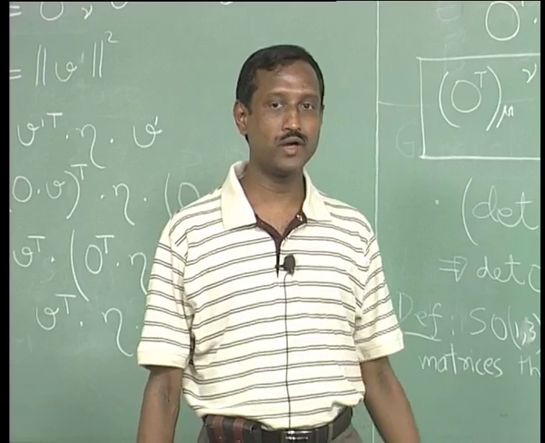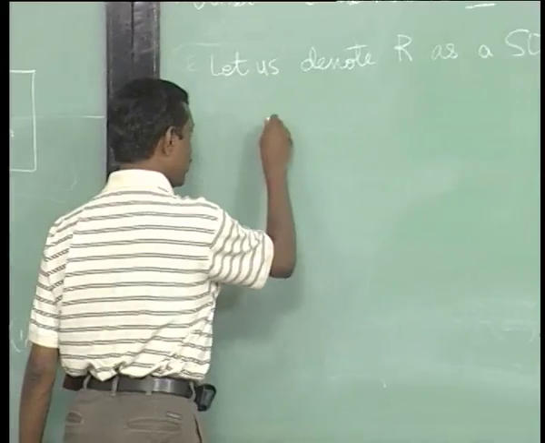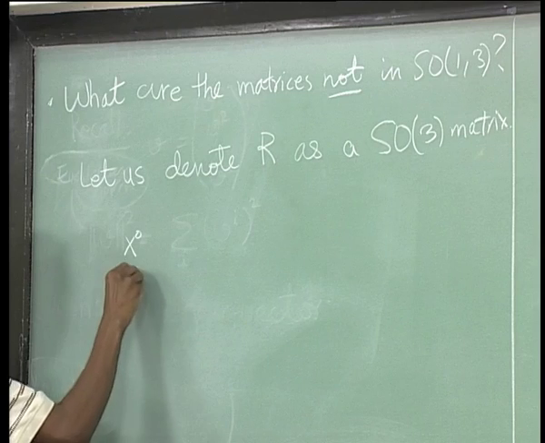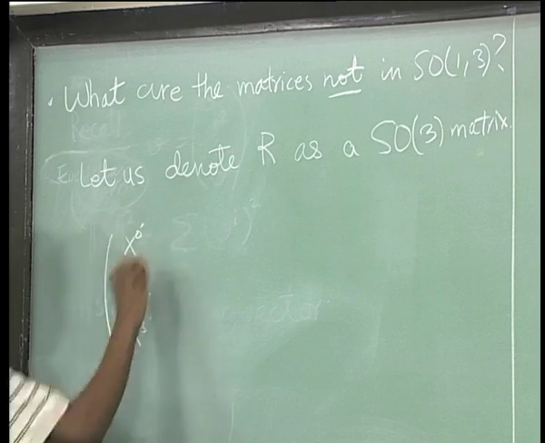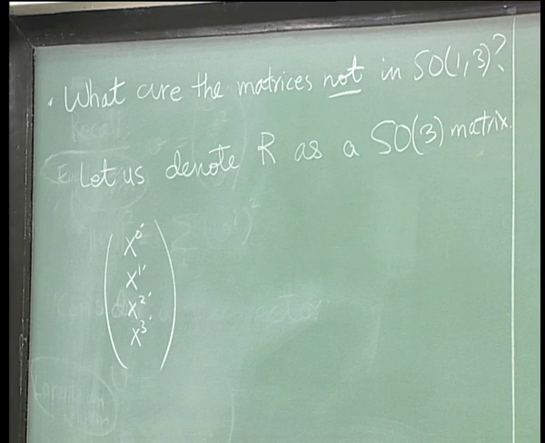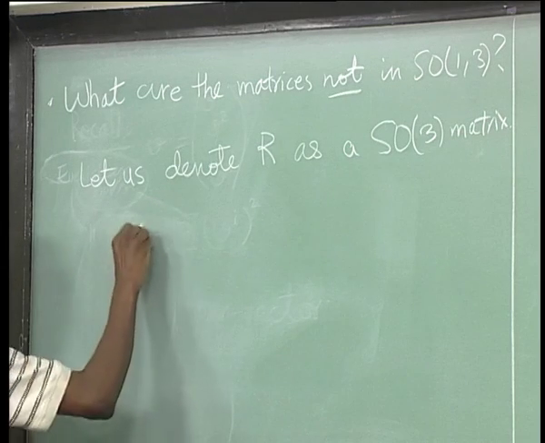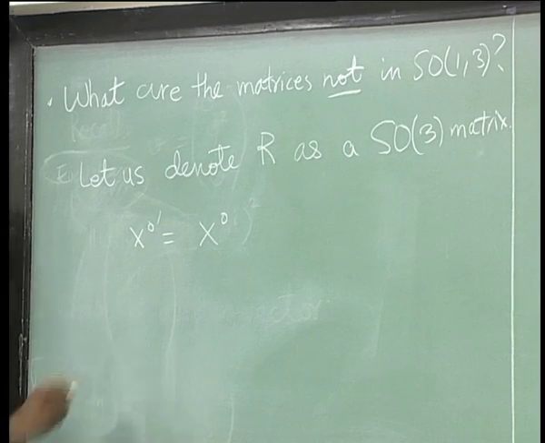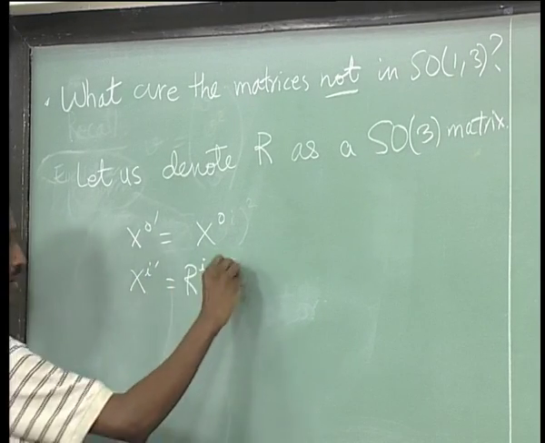Okay. So under rotations, let's go back and look at what happens under rotation. It's simpler to just work out, take the example of the position 4 vector and ask how it transforms. So what we know is that, under such a transformation x0 prime goes to x0 and xi prime goes to r_ij xj.